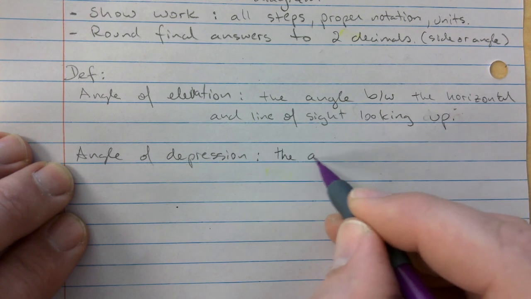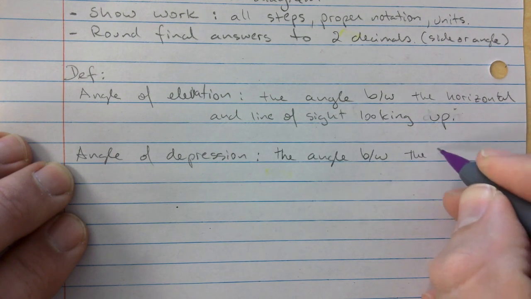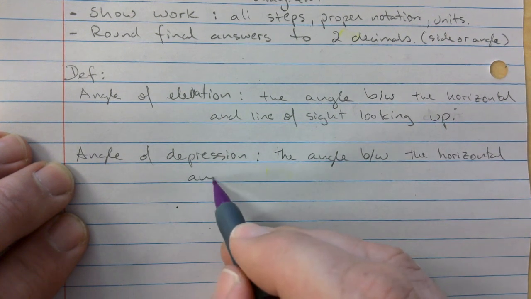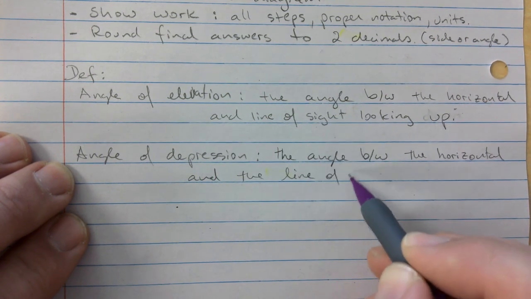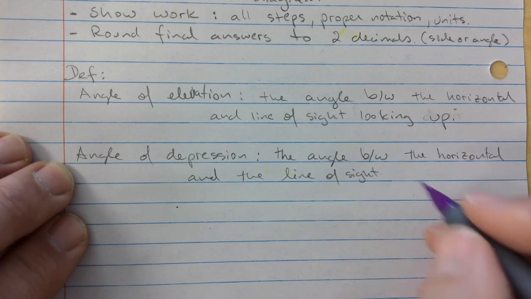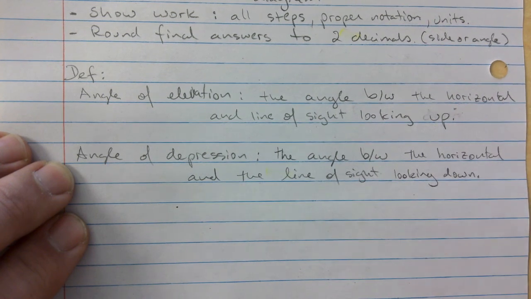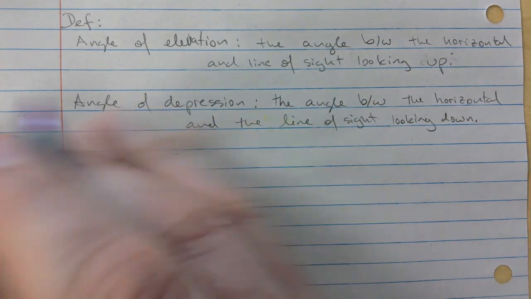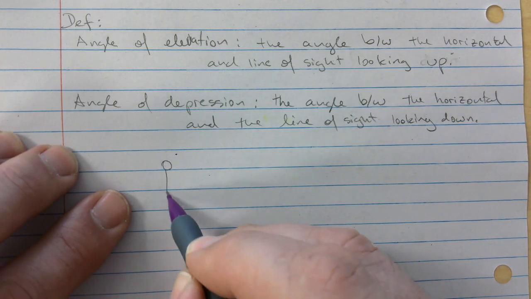The angle between the horizontal and the line of sight looking down. And here's my rendition of this, right?